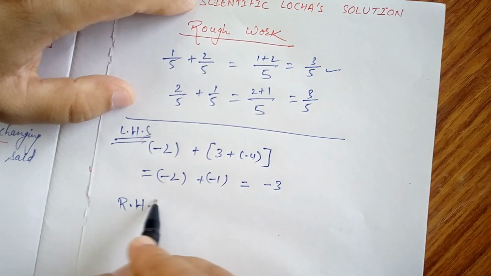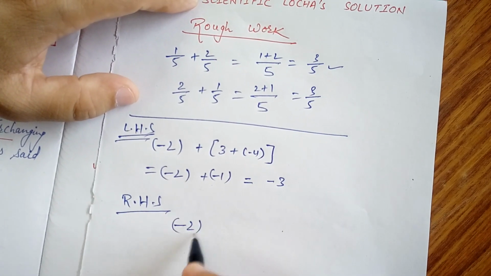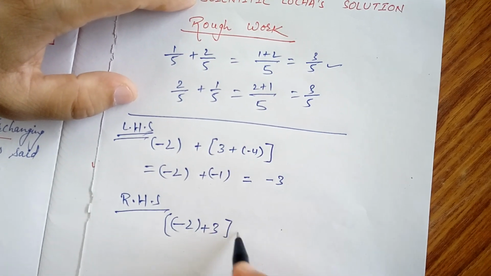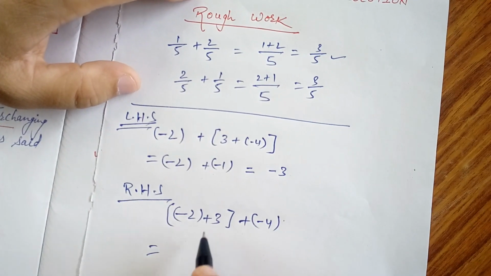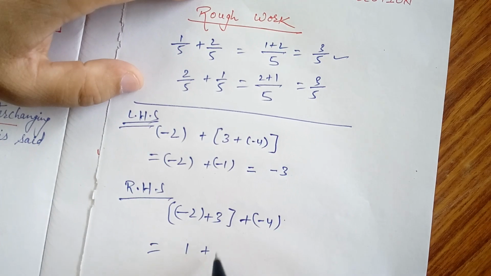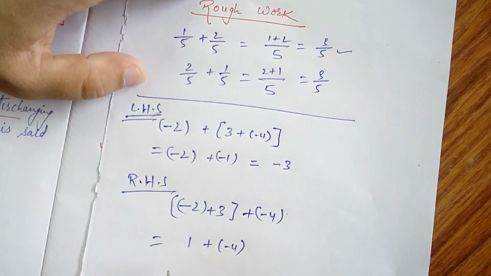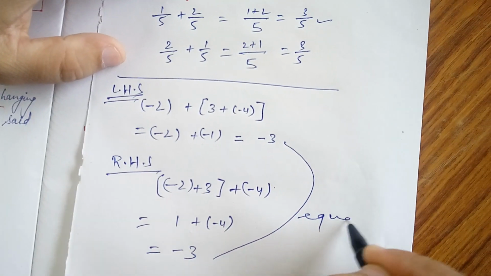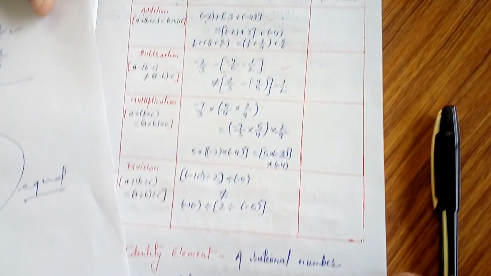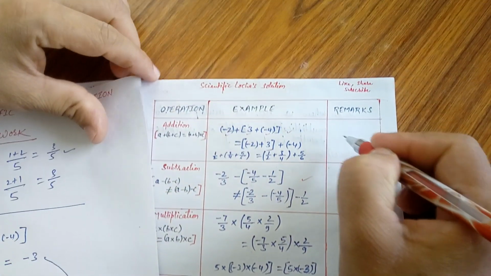And RHS is -2 and 3 added together, and -4 differently. We will get -2 and 3 will give 1, and we add it to -4, it will give -3. Both values are equal, so it follows associative property.